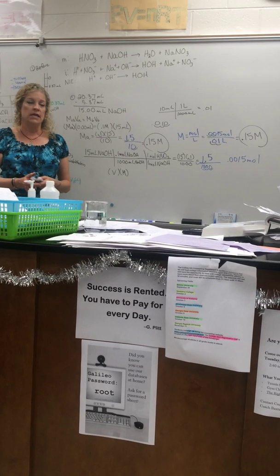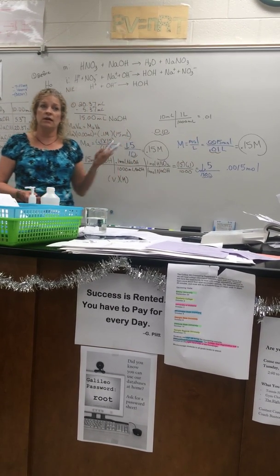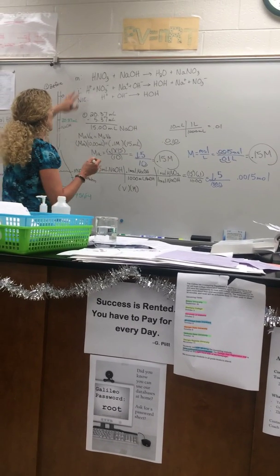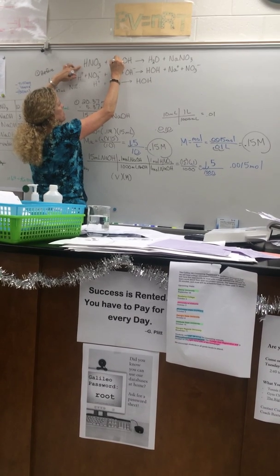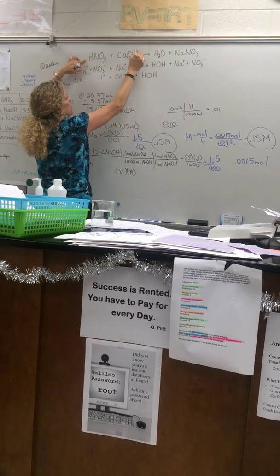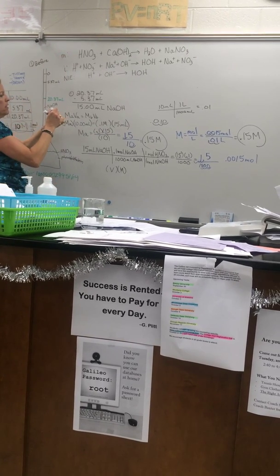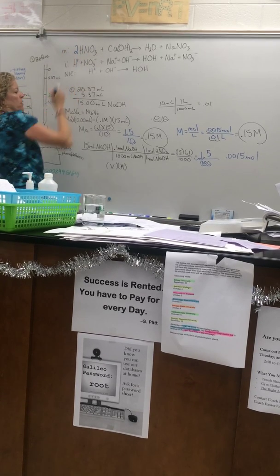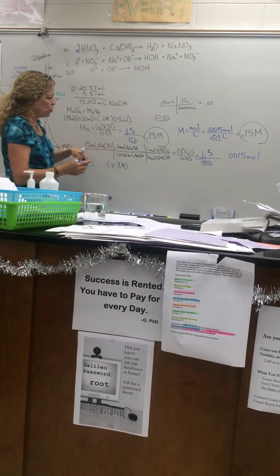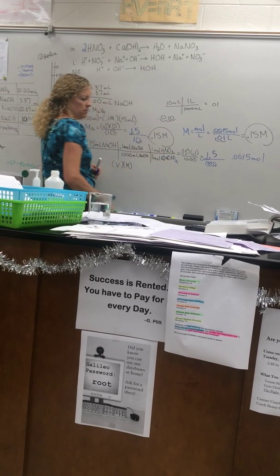Now, don't you think this took a lot longer than the quick way? But if our reaction had been nitric acid and calcium hydroxide, what would our balancing have been? One of these needs how many of these? 2. And so how would this have changed if this was calcium hydroxide?